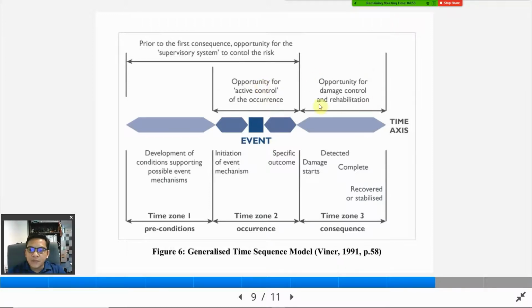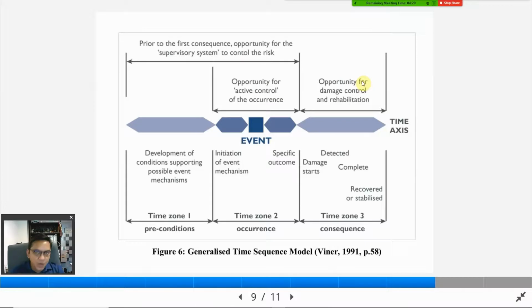And at the end of this is the opportunity for damage control and rehabilitation. To avoid injured people from dying, to avoid contaminated areas from spreading to another area, to avoid loss of economy.